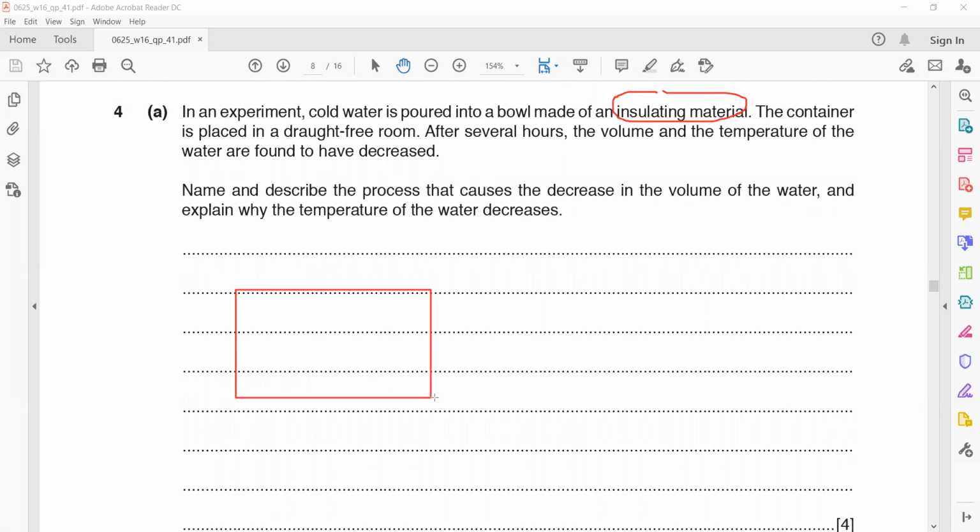For example, plastic or polystyrene. This bowl is made up of insulator, and the other bowl is made up of conductor.